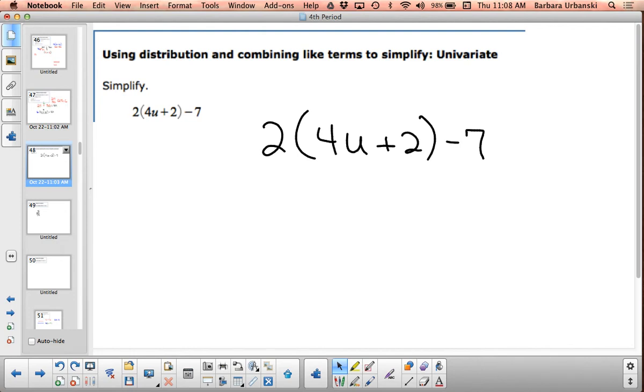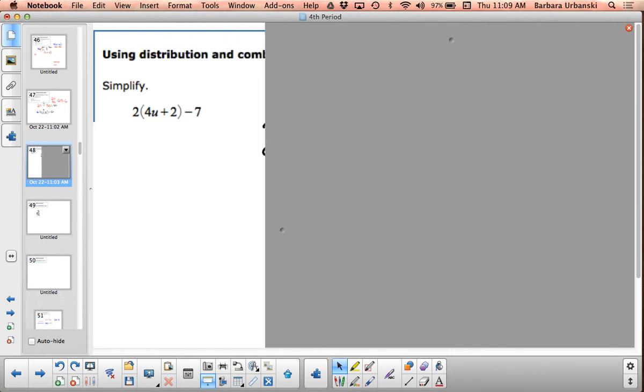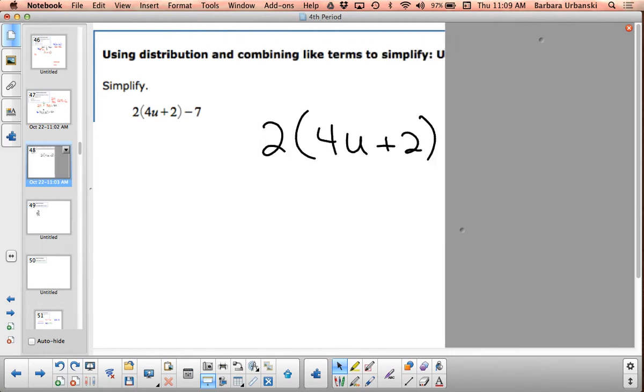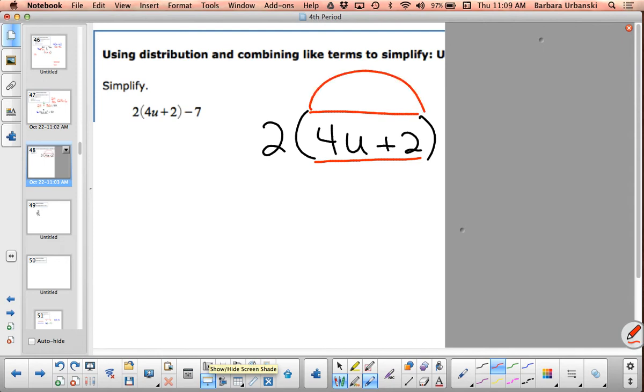Because there's a variable in the parenthesis, now we have to use distributive property. We don't have a choice. And for right now, even though we have that subtracted 7 at the end, we're not going to look at that. But what we can look at is to say everything that is in this parenthesis, almost like it's a basket, everything in this basket needs to be multiplied by 2.